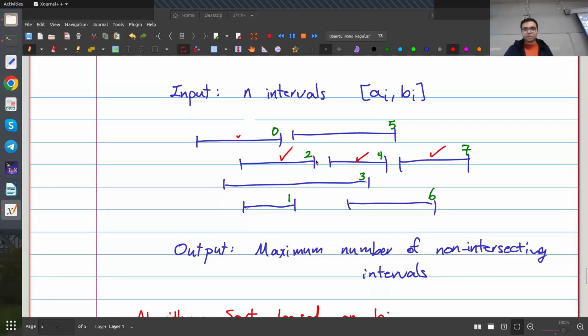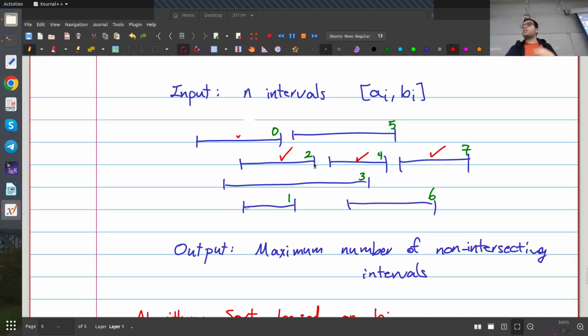This endpoint has to be after the endpoint of 0. Right? Because by definition, 0 was the interval that had the smallest endpoint. So if I replace this with this one, I cannot intersect anyone else because all the other intervals that were in T started after the end of 2.